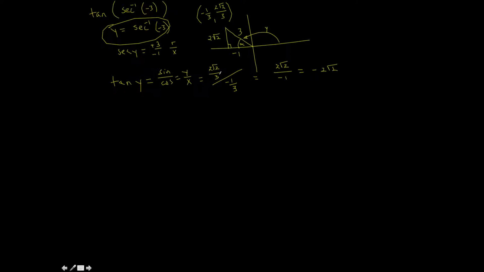Now, I haven't spent much time on calculator stuff. I typically don't. But I will tell you this. If I were to ask you to type secant in the calculator, you're going to type it in as 1 over cosine.